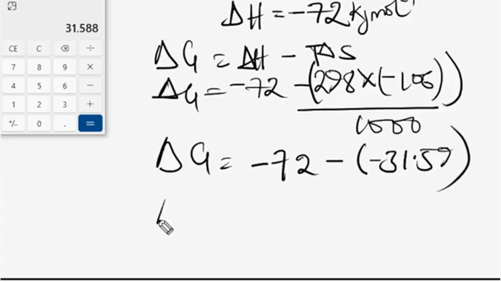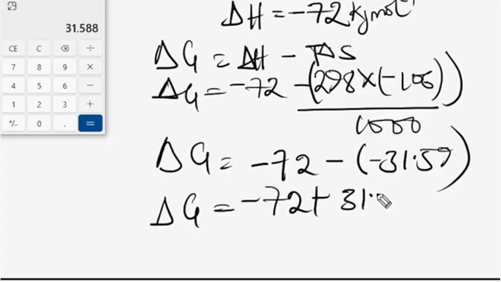So with this, delta G will be negative 72 plus 31.59, and that will be negative 40.41.